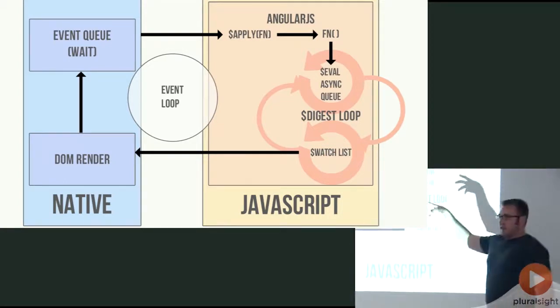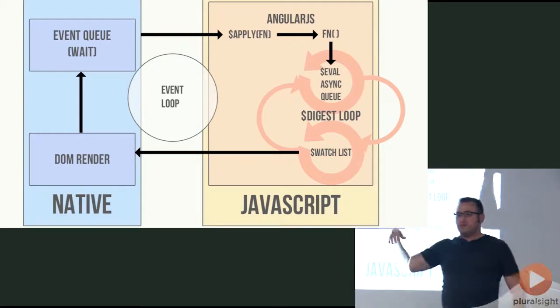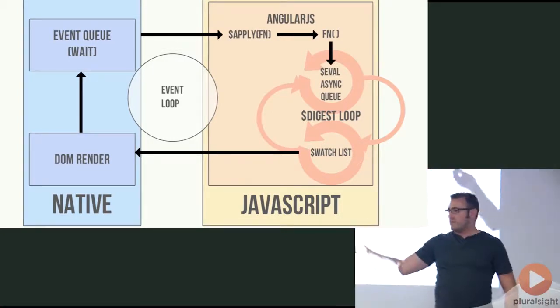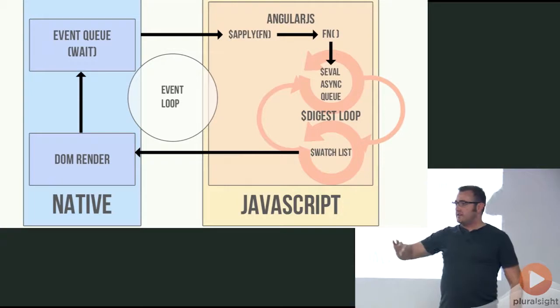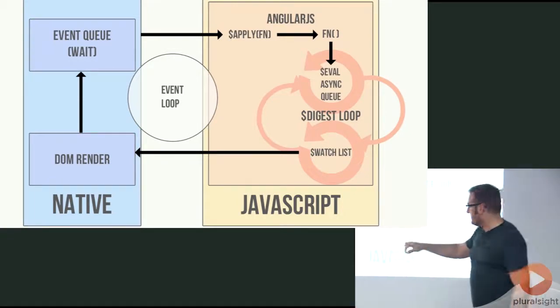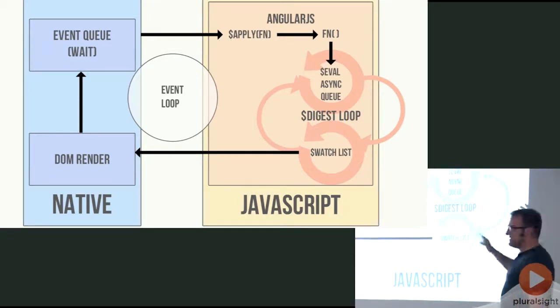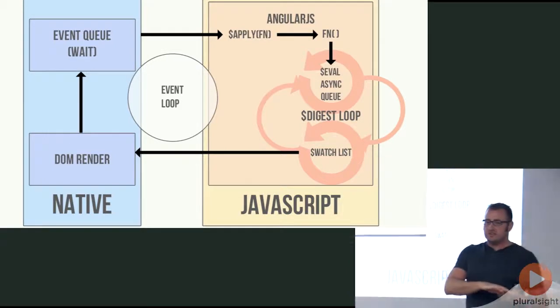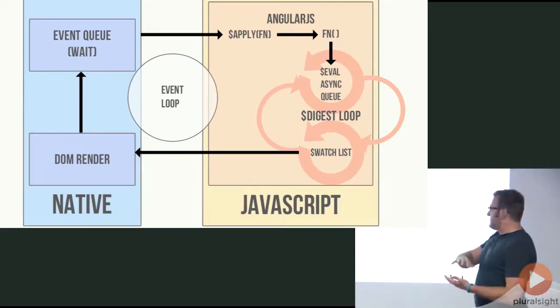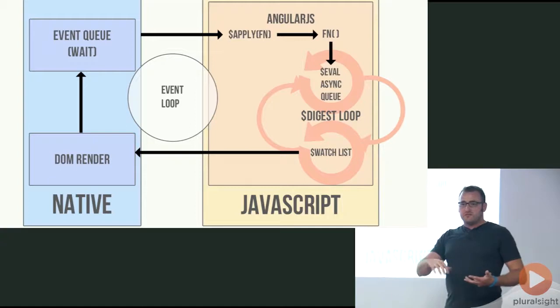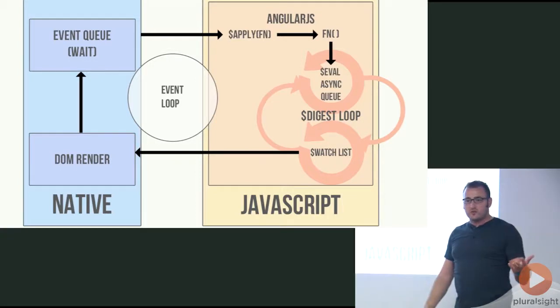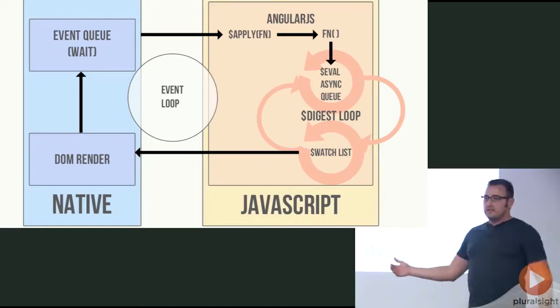Then you have this eval async queue that will go through and fire off the event watchers based on the thing that has changed. And once these two loops are basically stable, so nothing has changed, there's nothing left in the watch list, it will then exit.